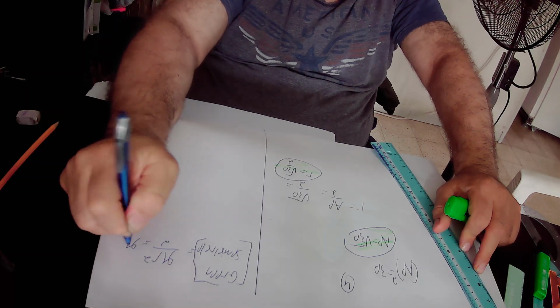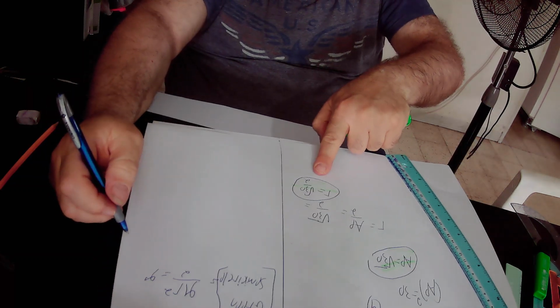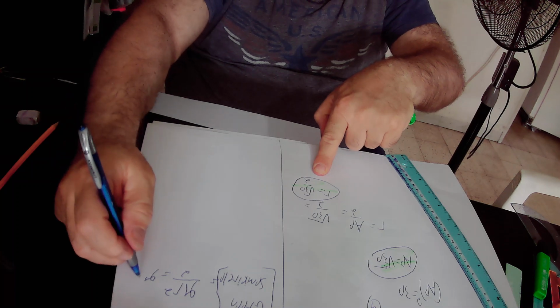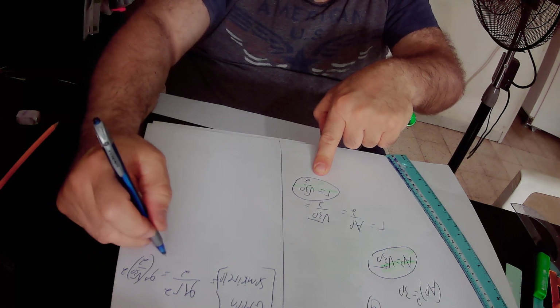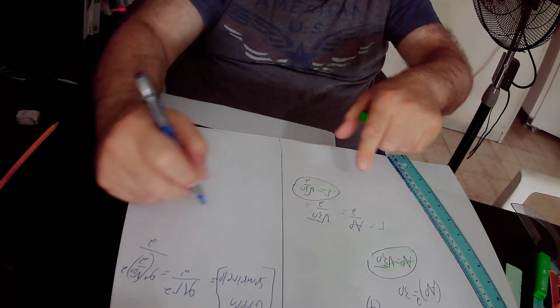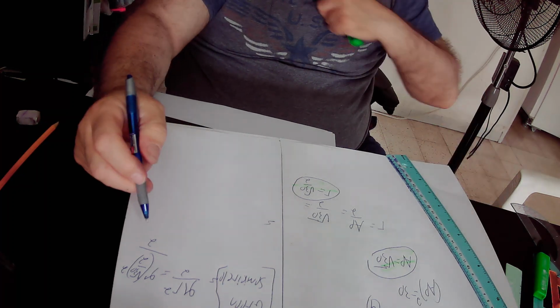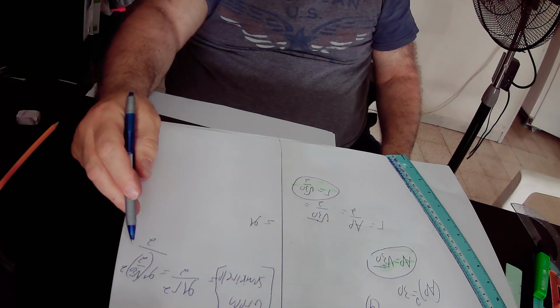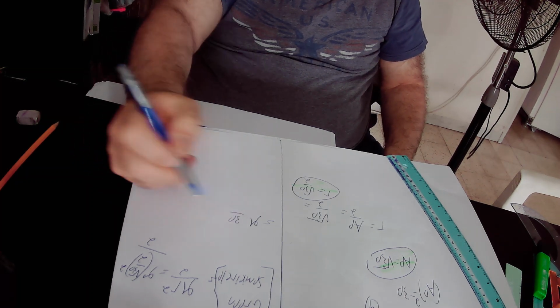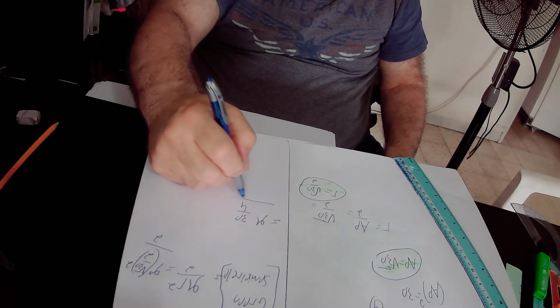So it is pi, and r is the square root of 30 over 2. Therefore r squared is the square root of 30 over 2 squared, divided by 2. So the area of the green shape equals pi, and the square root of 30 squared is 30, over 2 squared, that is 4, divided by 2.